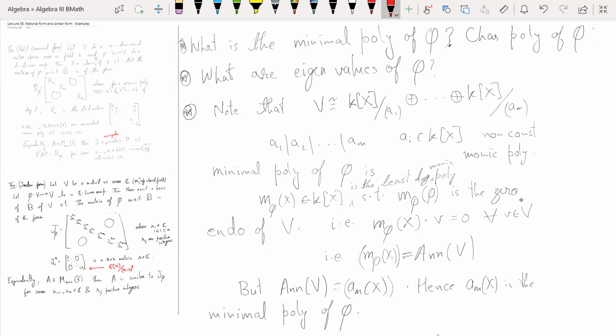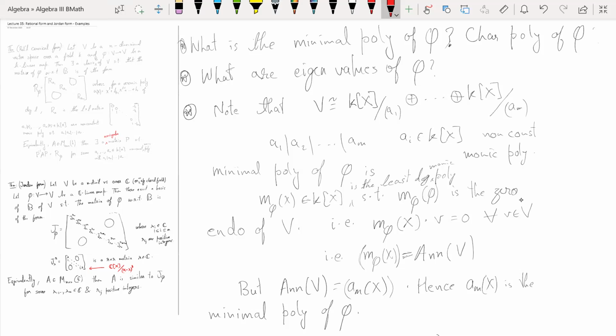So what is the minimal polynomial of phi? What we'll see is that it is am. So how do you get that? Remember, the minimal polynomial of phi, m_phi(x) in k[x], is the least degree monic polynomial such that m_phi(phi) is the zero endomorphism. That is the definition of the minimal polynomial of phi.